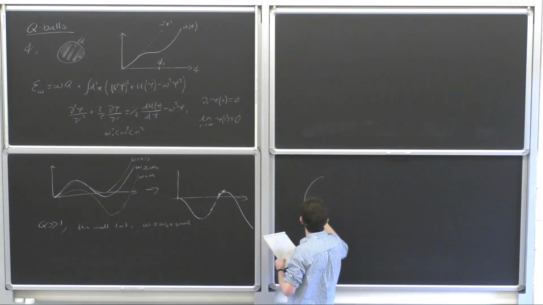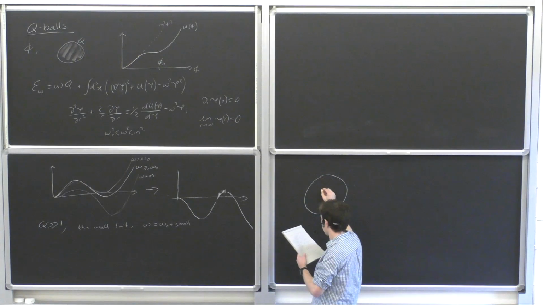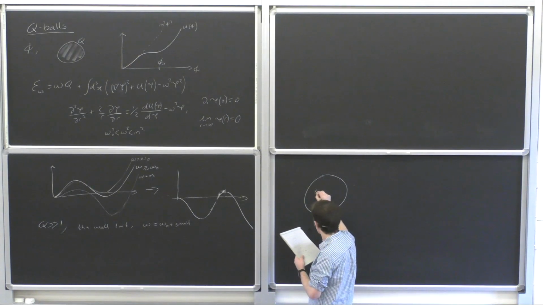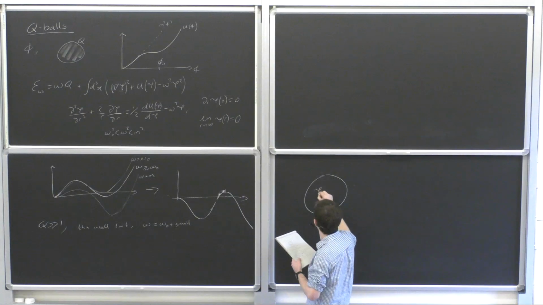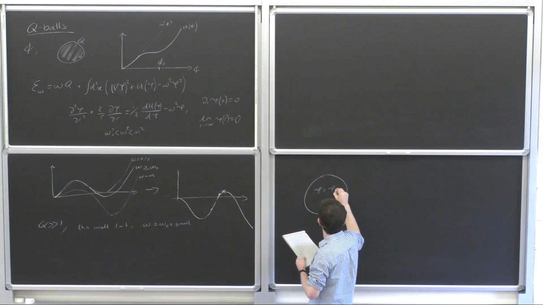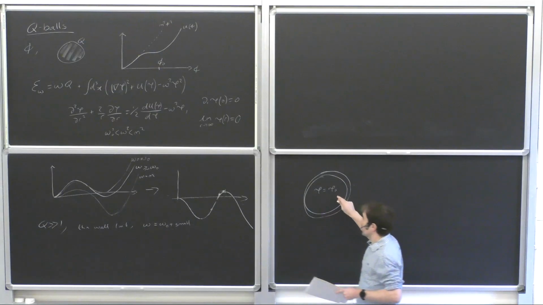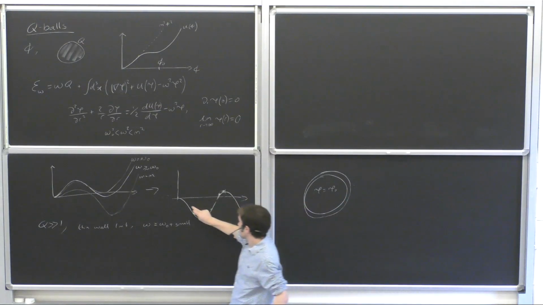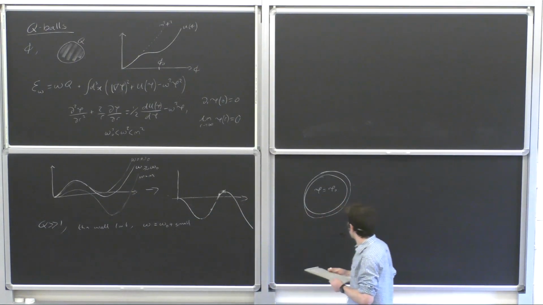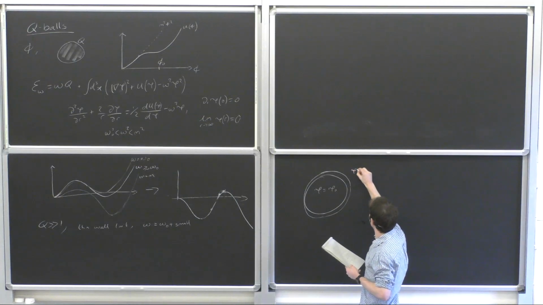So I have a large region where phi is phi naught, then surrounded by a thin shell, which corresponds to the time when the particle is rolling to the other hilltop, and then outside, of course, phi is equal to 0.